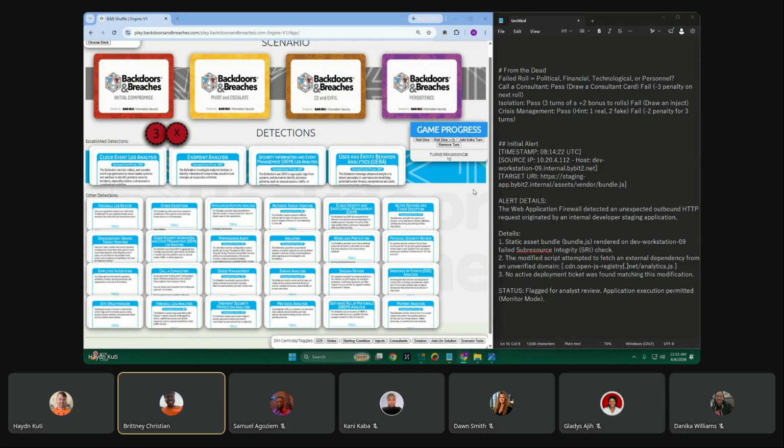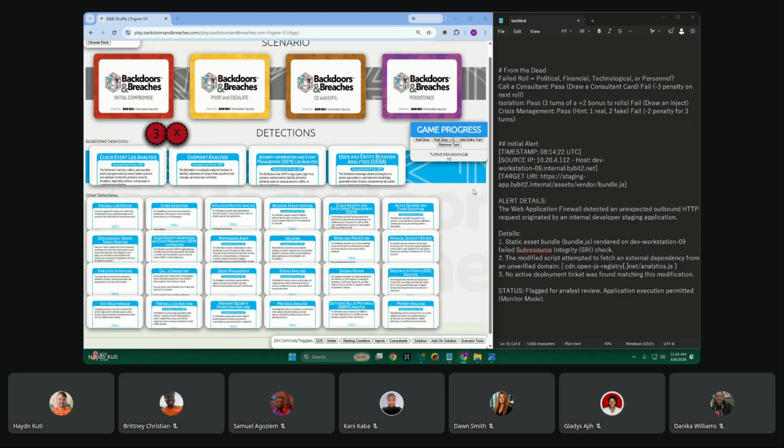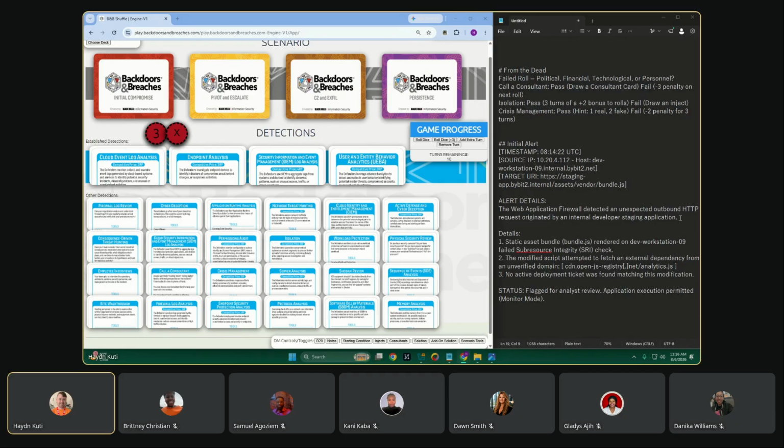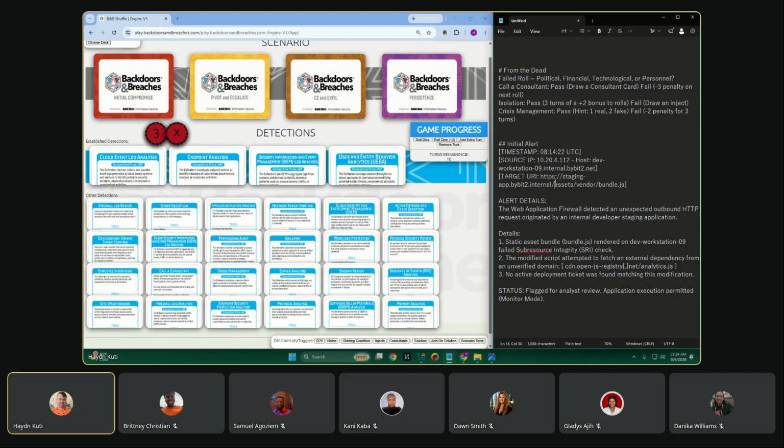Maybe the information that we're given, we're trying to figure out what we used to get that information or what generated that information. We think of it this way: you just got an alert from your WAF, and now it's up to you guys to investigate that alert and see if it's malicious. And obviously, we know in this situation it is.